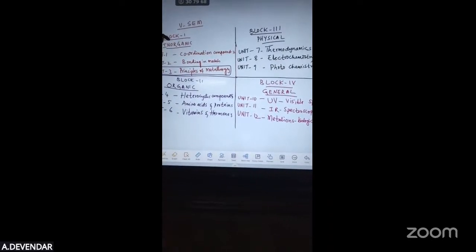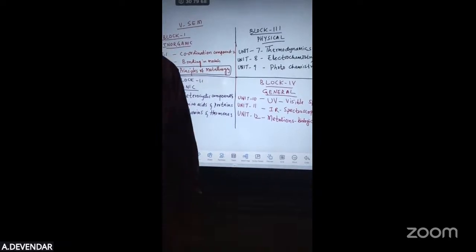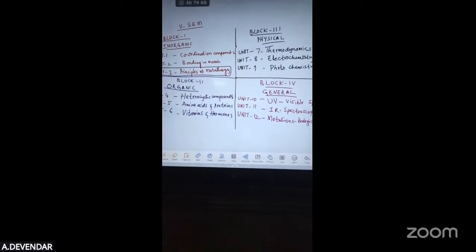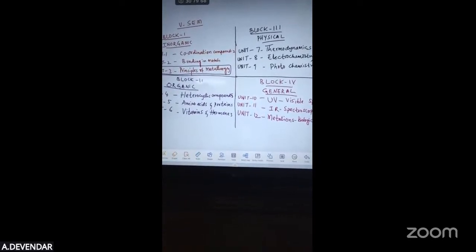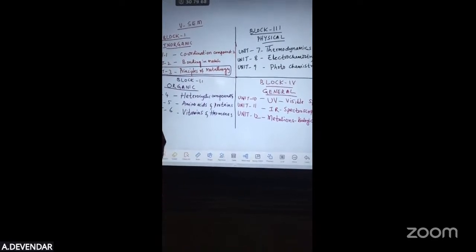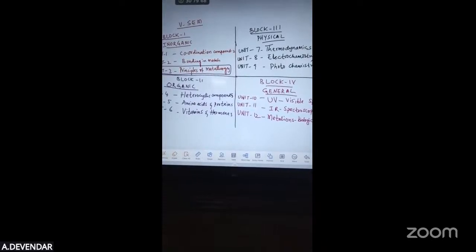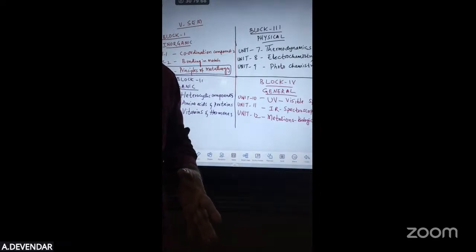In block one, in the inorganic part, we need coordination compounds. What you have learned in the fourth semester is complex compounds. The complex consists of a metal ion as the central atom, surrounded by ligands. A ligand is a chemical species forming a bond through donation of a lone pair of electrons.